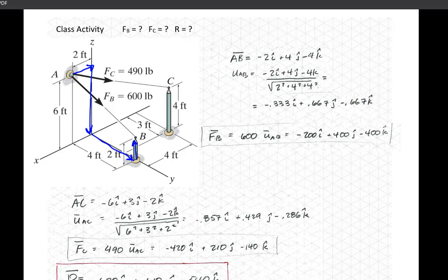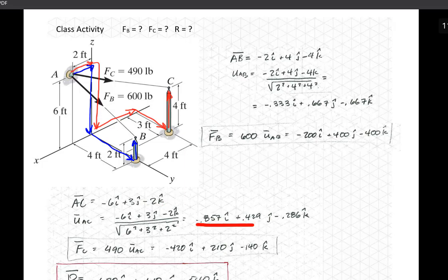Similarly, from A to C, I'm going to draw that in a different color. So I'm going to go negative 2 in the i direction. Similar, back down 6 in the k direction. Here I have to go back negative again in the i direction, the x direction. Positive 3 in the j direction, and then back up again 4 in the k. So looking at the net, we got negative 6i, positive 3j, negative 2k.